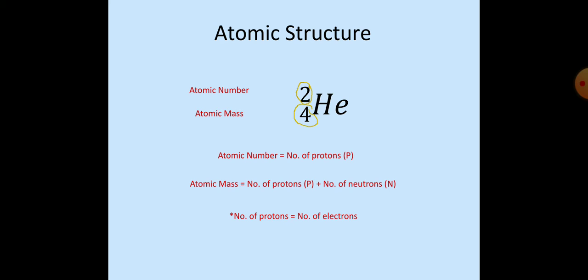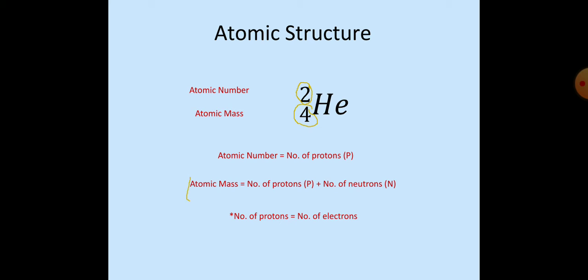So based on that, we can say that since the number of protons is 2 and the atomic mass is 4, we can say that the number of neutrons for the helium atom is equal to 2. Kasi using this formula, wait, nawala yung mouse natin.